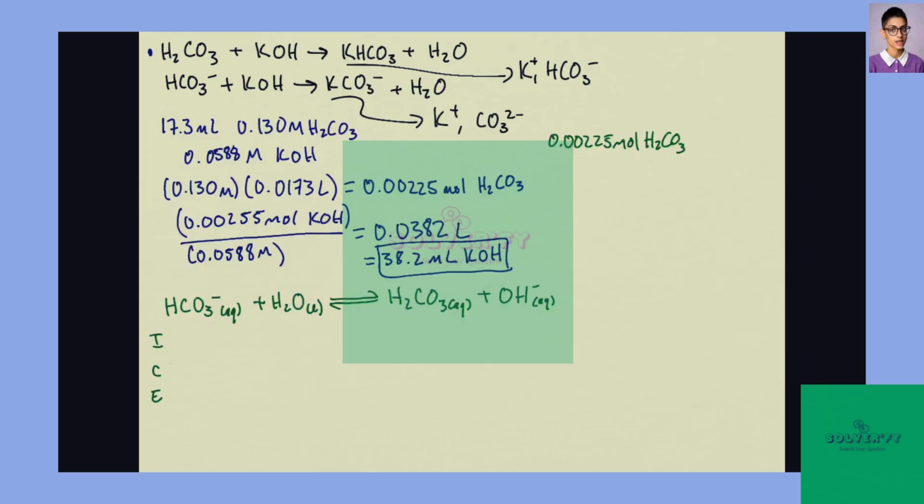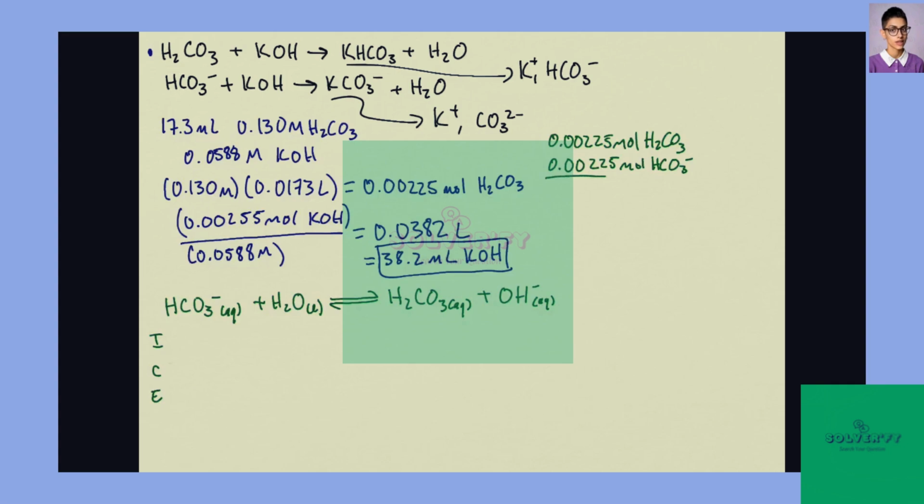And since there is a 1-to-1 ratio of each of these with HCO3-, we have the same amount of moles of HCO3- after the reaction once we get to the equivalence point. So we know we have 0.00225 moles of HCO3-, but now we need the concentration.